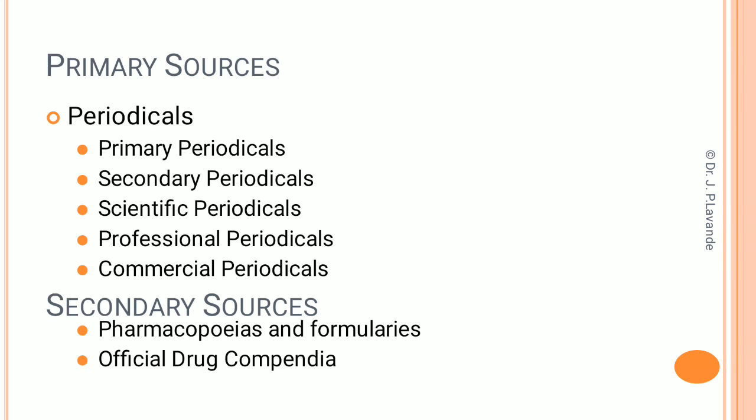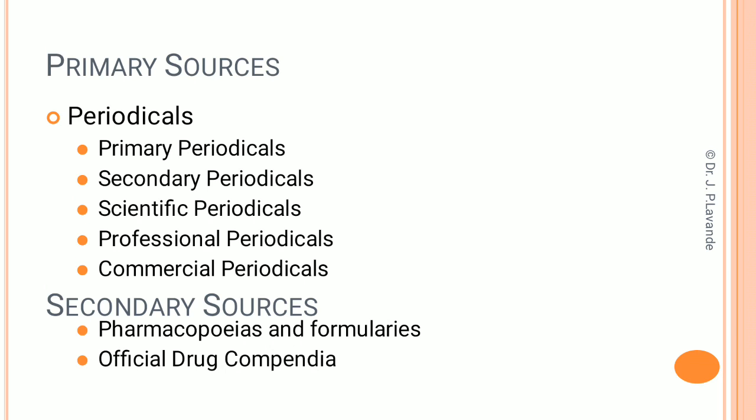They contain scientific information, research articles, review articles, book reviews, announcements, and even advertisements, whereas books contain a compilation of information, so there is a big time lag between the discovery of an idea and its publication. Periodicals are further classified into primary periodicals.